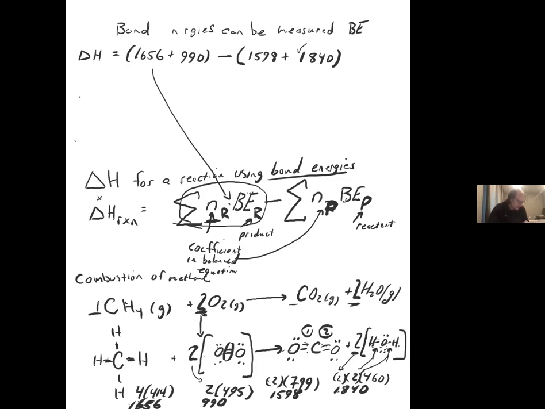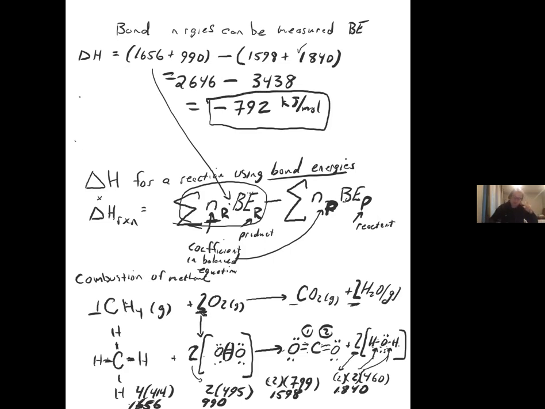So 1656 plus 990 is 2646. 1598 plus 1840 is 3438. So then you subtract those two. So 2646 minus 3438, and you get minus 792. Again, the units, even though I only put them in the table at the beginning, are kilojoules per mole. So there's your delta H.